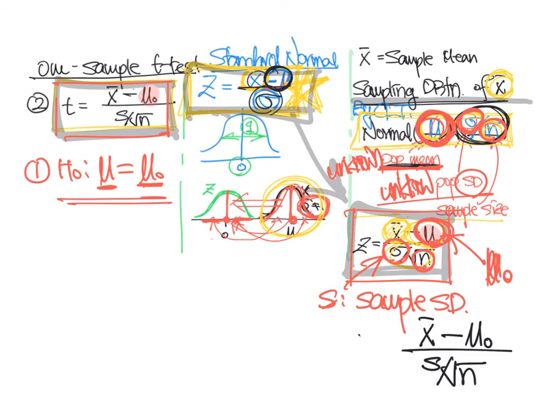Please compare the right-hand side of the Z and the right-hand side of the T. It is almost the same, but we replaced the unknown population mean mu with mu zero, and we estimated the unknown population standard deviation sigma with the S. It looks similar, but it's totally different, right?